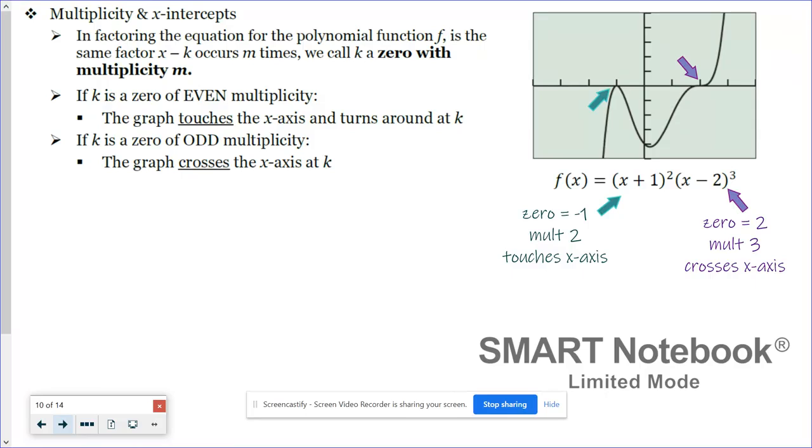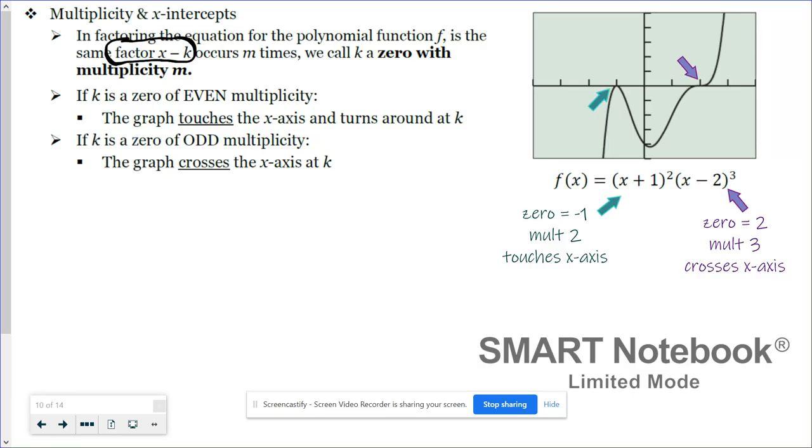When we have a function written in factored form, it's really easy to identify the x-intercepts, because I just have to look at the factor itself. So if the factor is written like x minus k, that means k is an x-intercept.